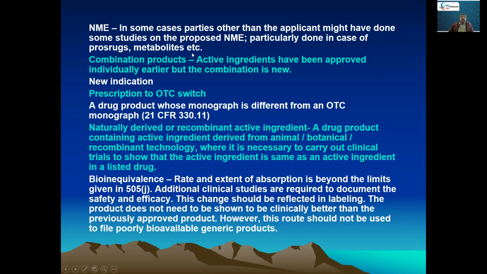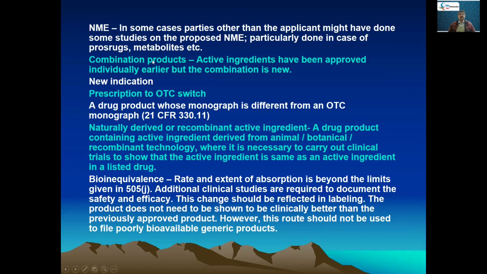So for example, there is a drug product which has already been approved for the innovator company, and a company other than the innovator company generates a prodrug of that API. So in that case, some of the studies that were already conducted by the innovator company can be used for the justification of their application, and it will be falling under the 505(b)(2) route.